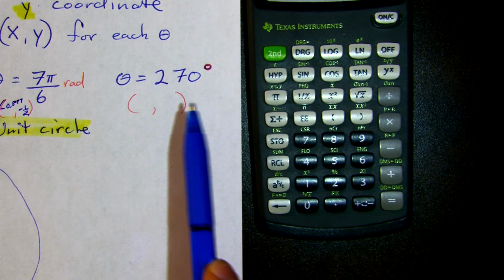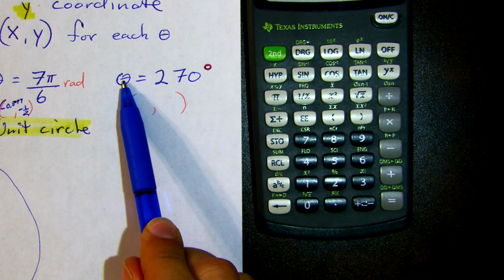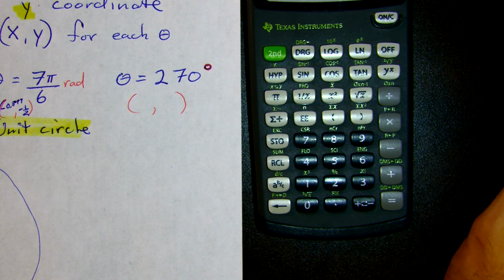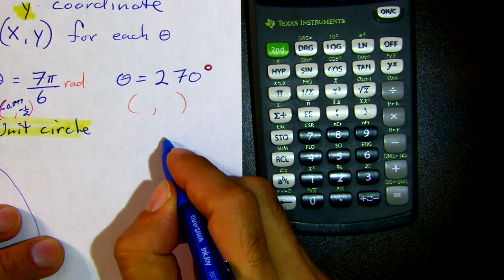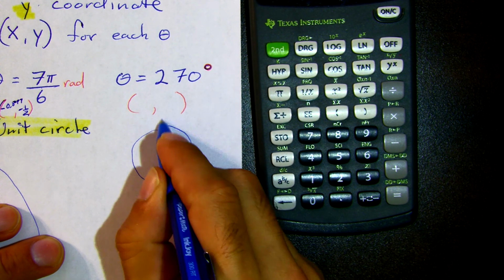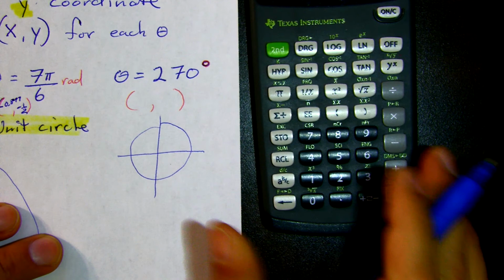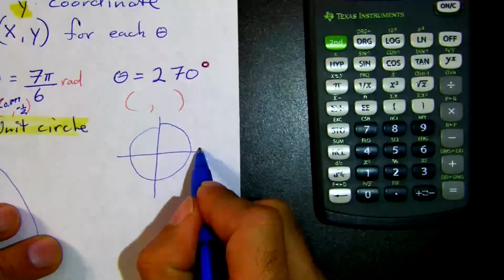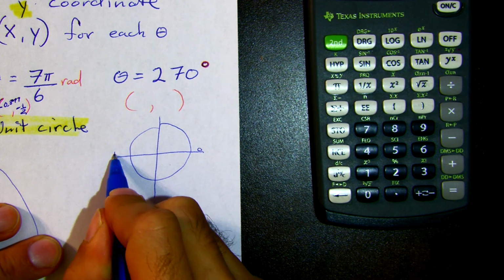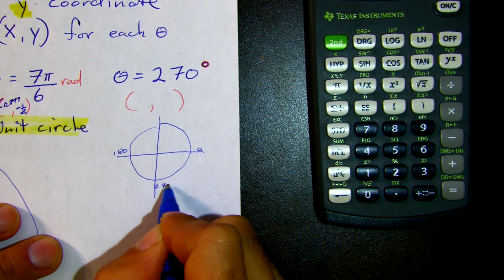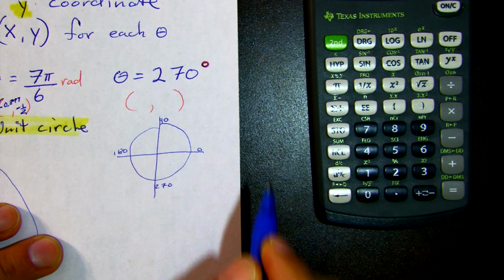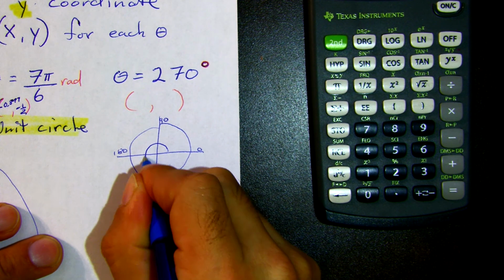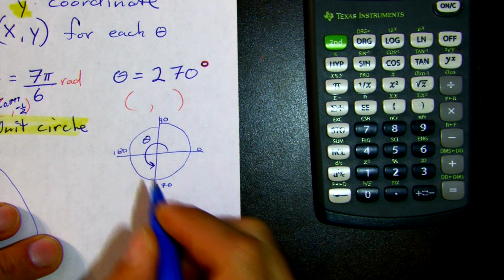The last bit we have is finding the coordinate for the theta of 270 degrees. For this one, I'm going to draw a circle because it's going to help us conceptualize this better. Remember that here's 0, here's 180, here's 270, here's 90. Remember what we did in the beginning: 270 degrees is my theta right here.